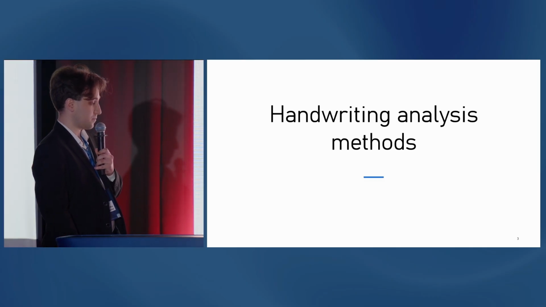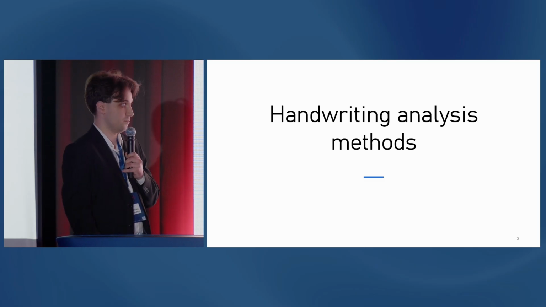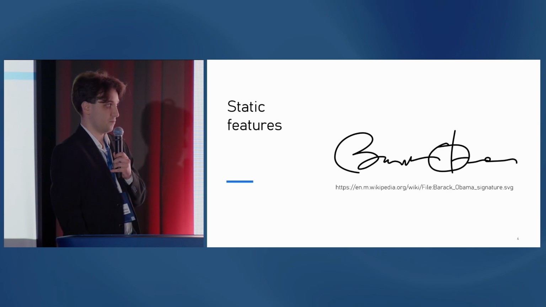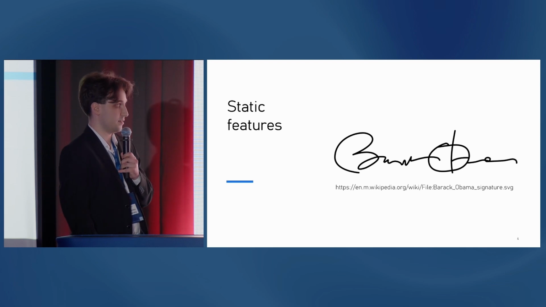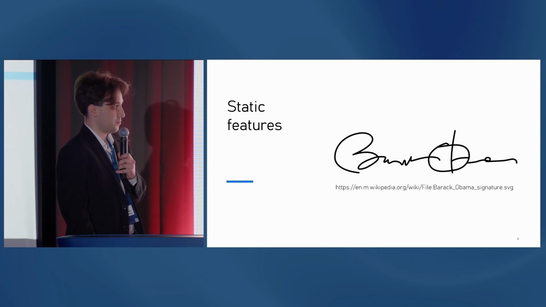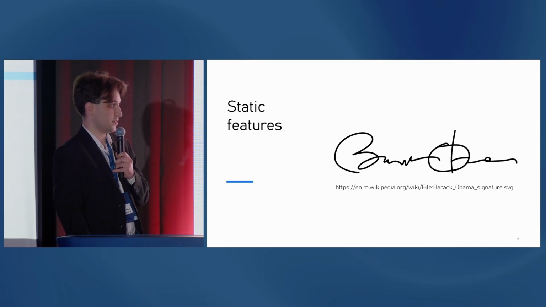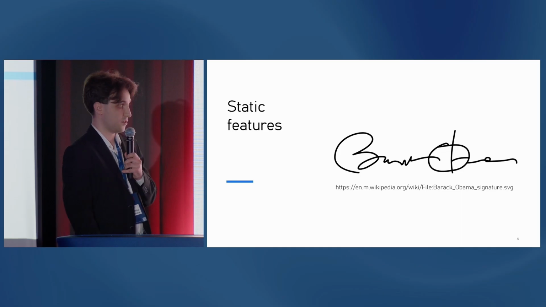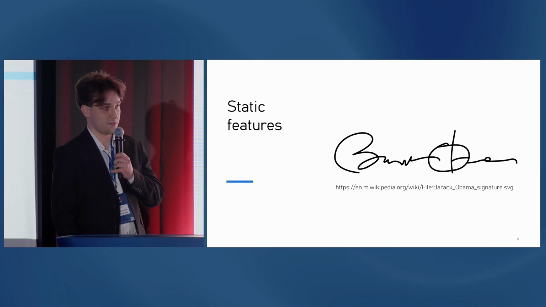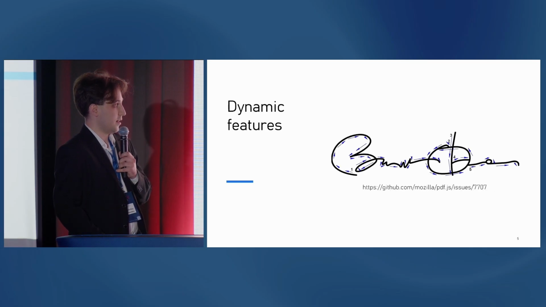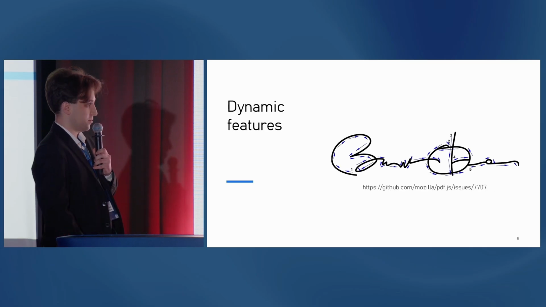So, let me start from handwriting analysis methods. The first features that we can get from a signature are static features. For example, based on Barack Obama's signature sample, we can check the angles, the execution of some elements, the interruptions in the signature, and how is the distribution of the signature process.